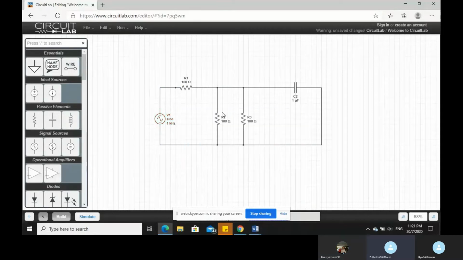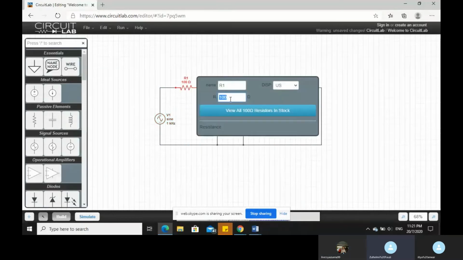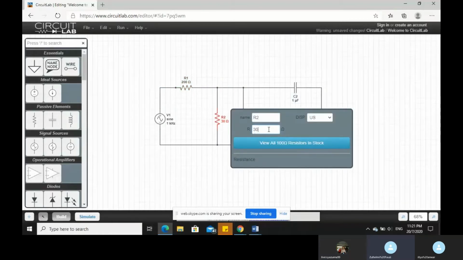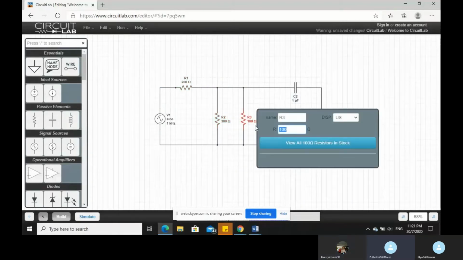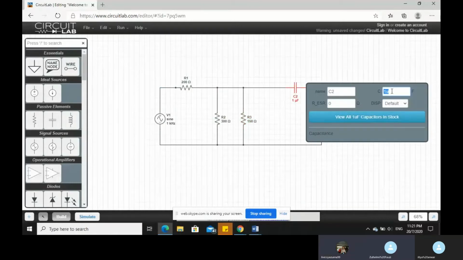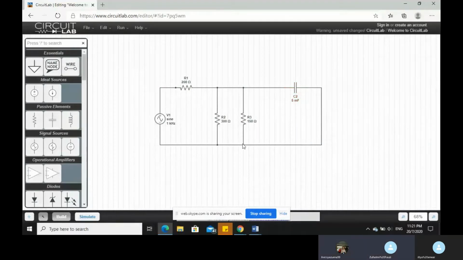Okay, now Ilya puts the value for each component on this circuit, and after completing the values, we will place the positions where we must find the voltage and the current.